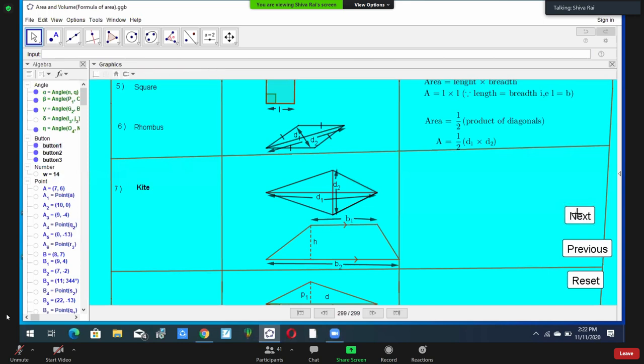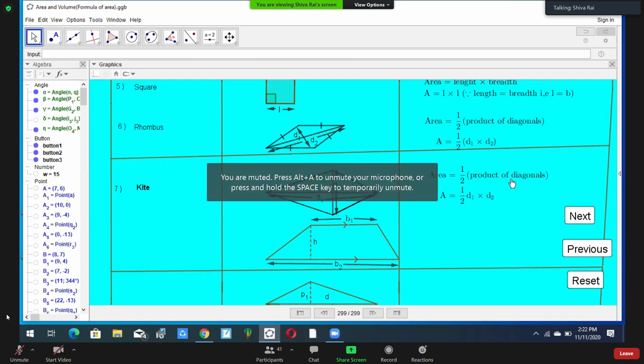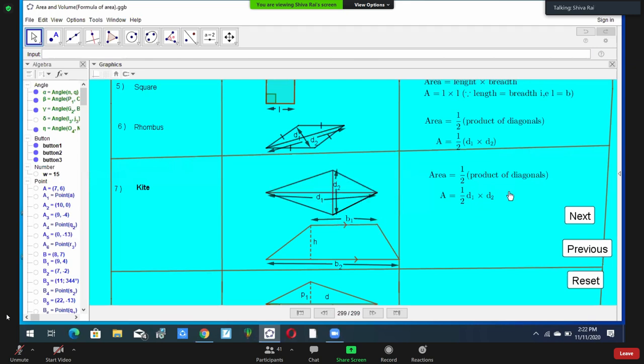Its formula is the same as the area of rhombus: A equal to half D1 into D2. This is one diagonal, and this is another diagonal. Closing the bracket is not necessary; we can just write half D1 into D2, or we can close it with a bracket also.